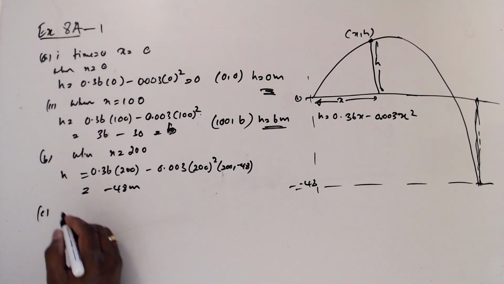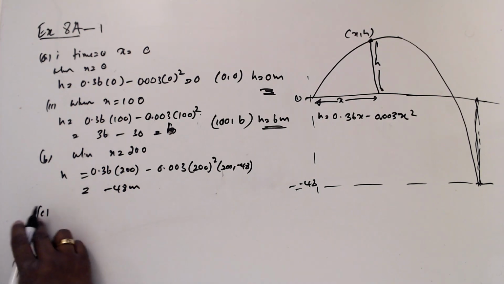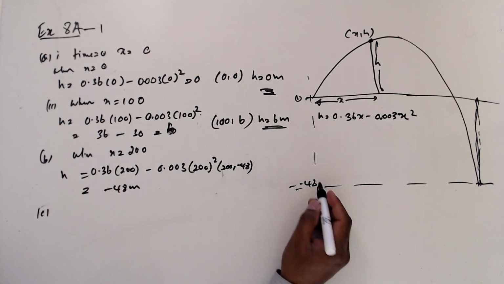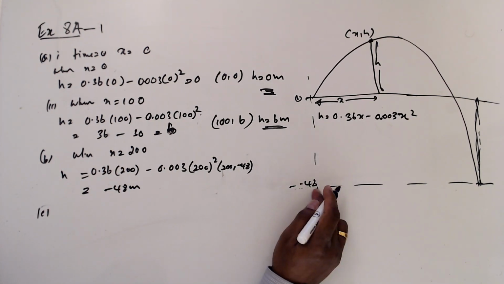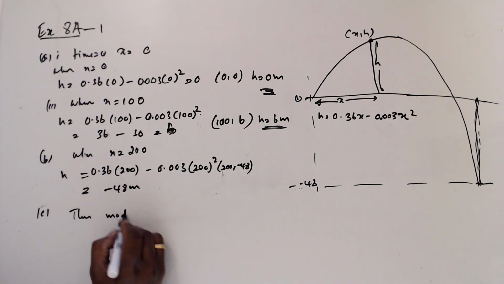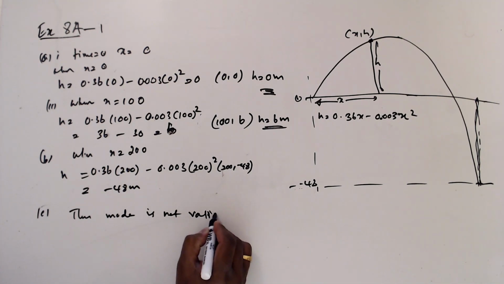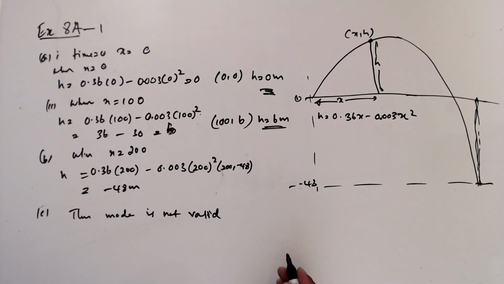Part C, comment on the validity of this prediction. So we know that we get the height is minus 48. Then we can tell that the model is not valid. What is the model?